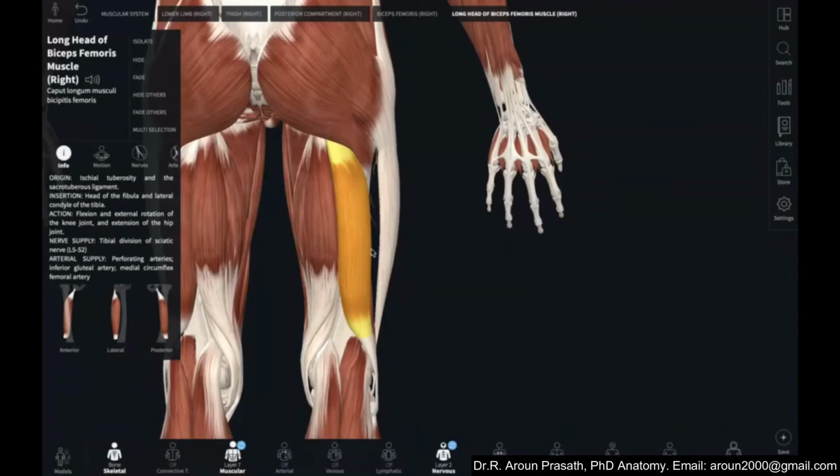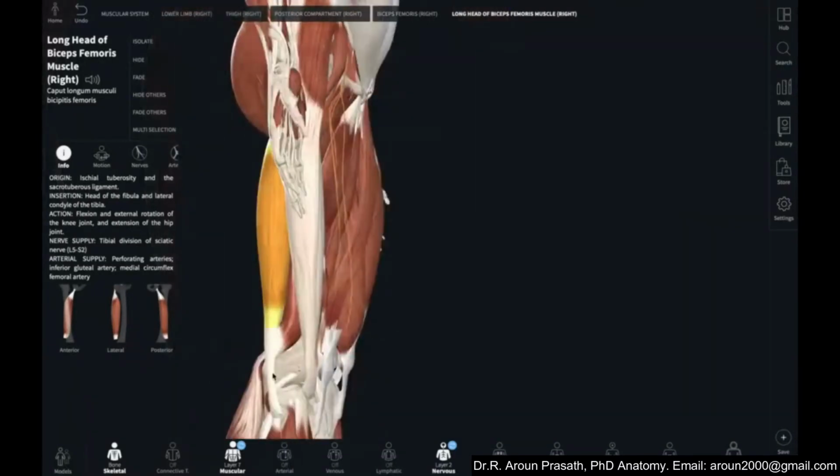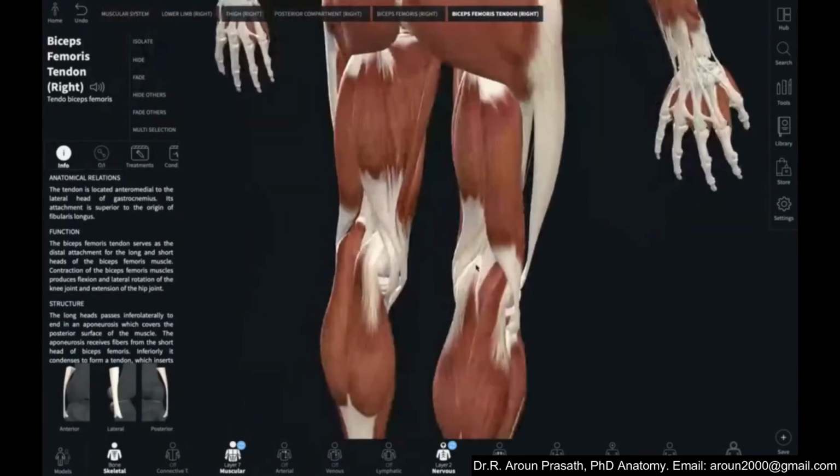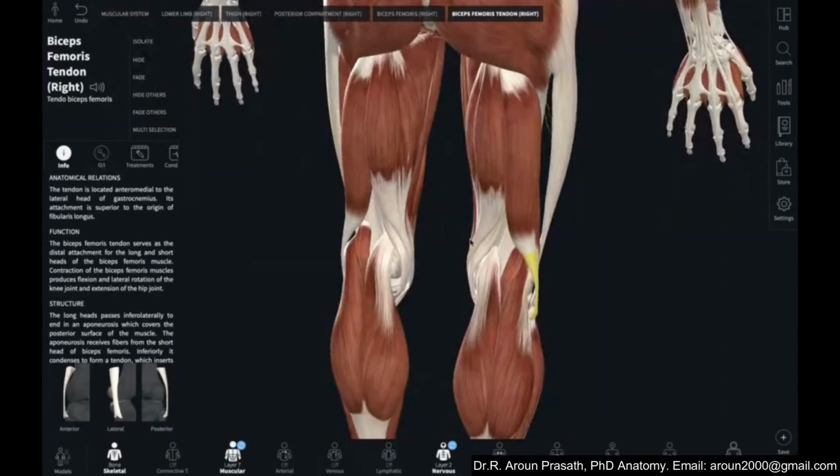One is the biceps femoris. This means the tendon is coming in the lateral aspect of the knee. In the knee, this area is called the popliteal fossa.